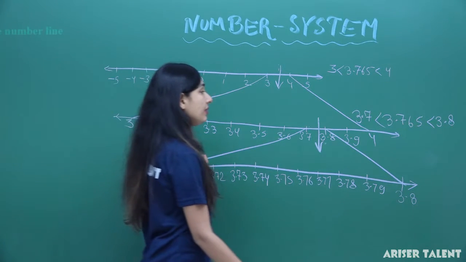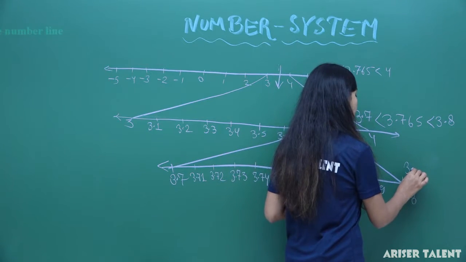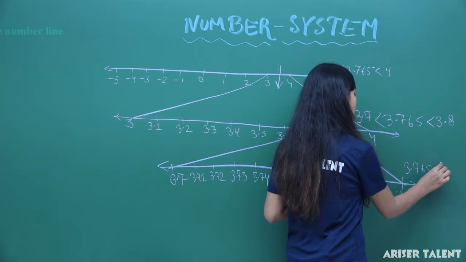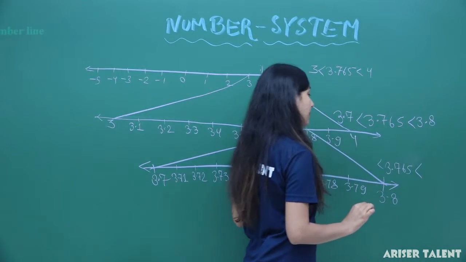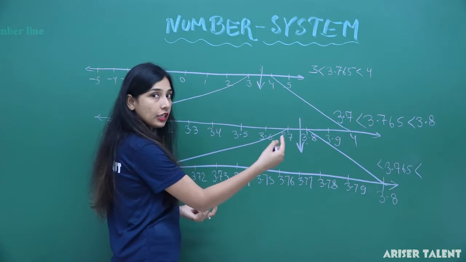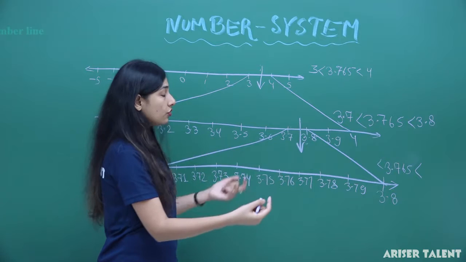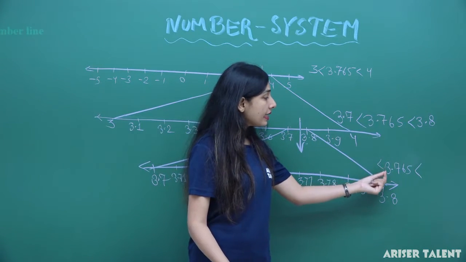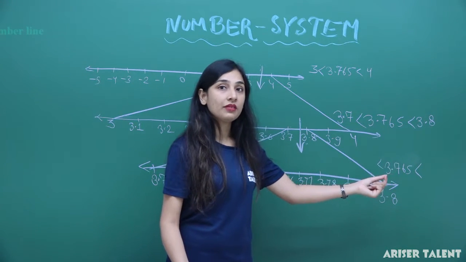Now again we are having this number 3.765, which belongs between 3.76 and 3.77. Why?